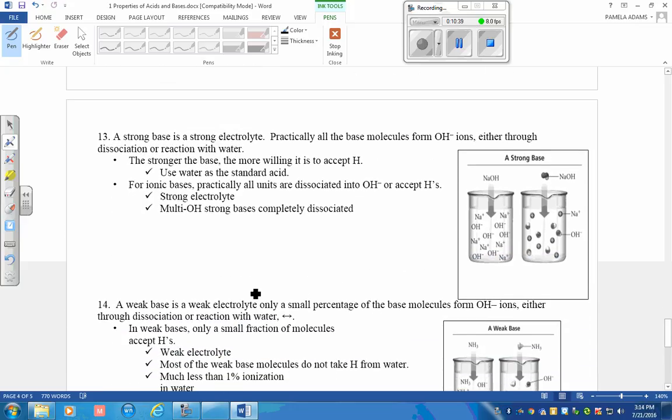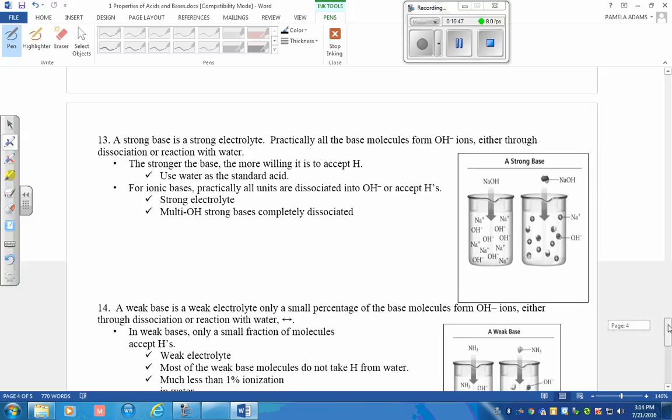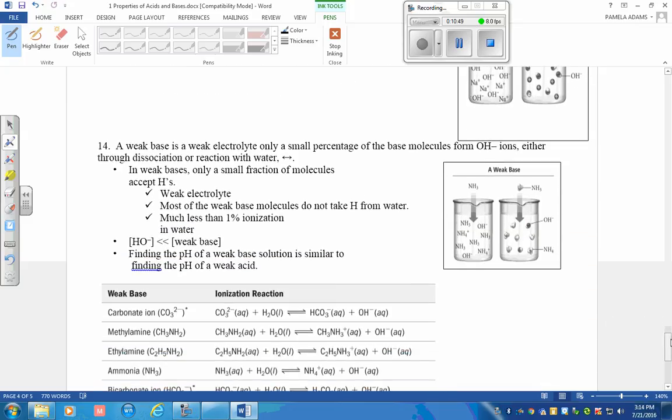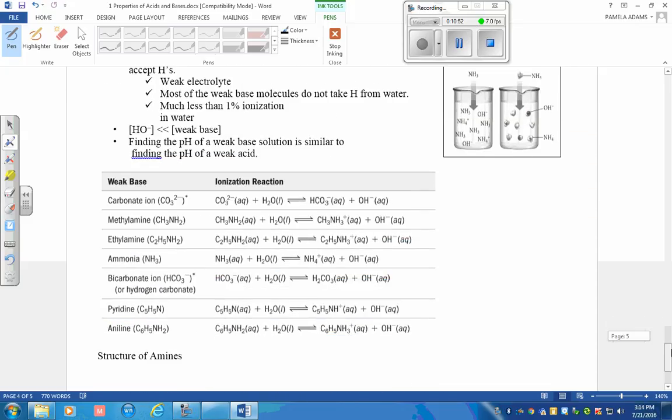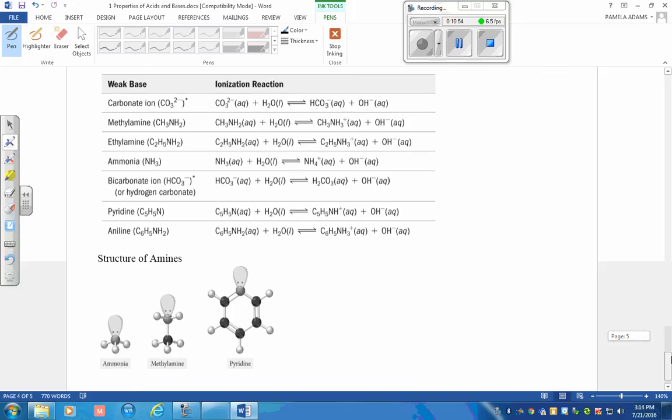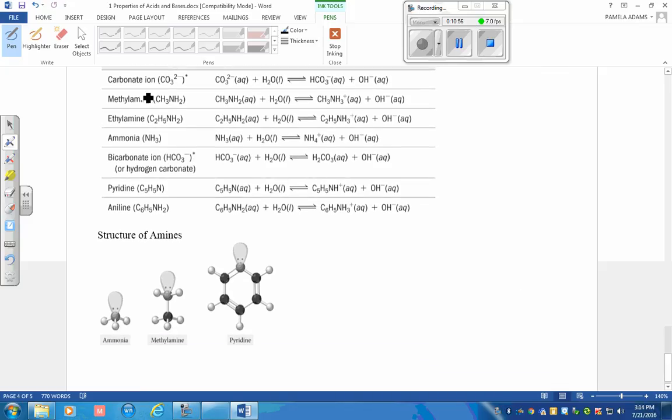Okay, you can talk about bases in terms of their ionizing ability. A strong base completely breaks apart, completely dissociates. A weak base does not. And I have given you a bunch of weak bases and shown you their ionization reaction.